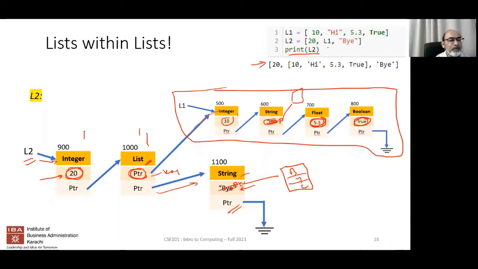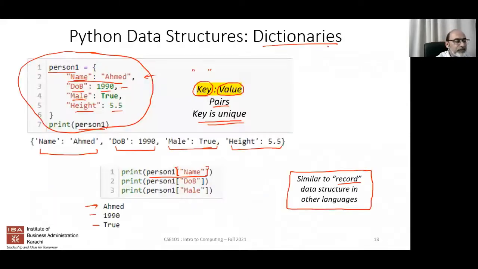But right now, we don't really know what this linked list actually means. We don't really know what 20 is implying, whether that's the person's age or what. So there is no real meaning over here. So what Python is trying to do is make it more useful.